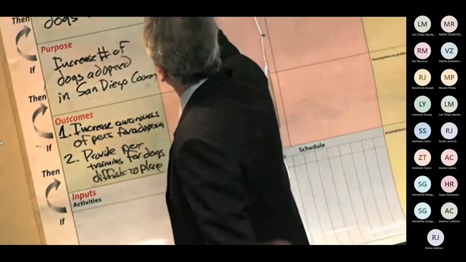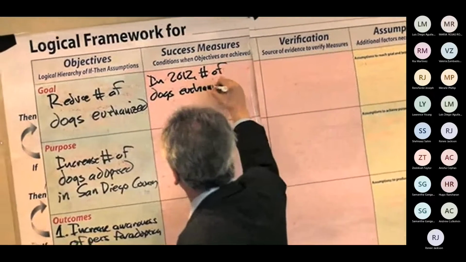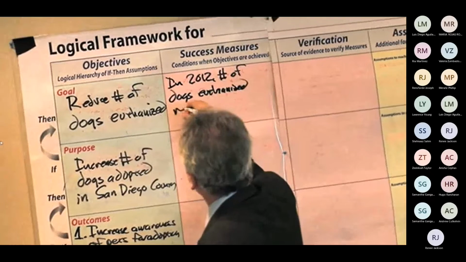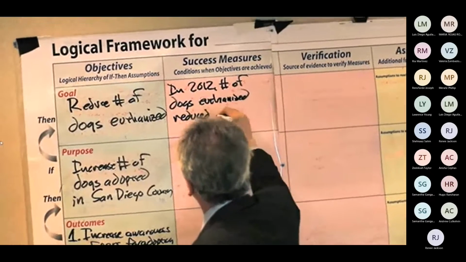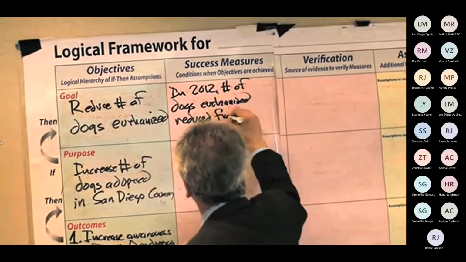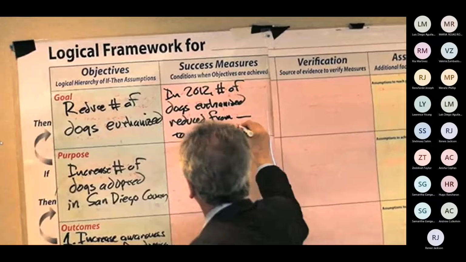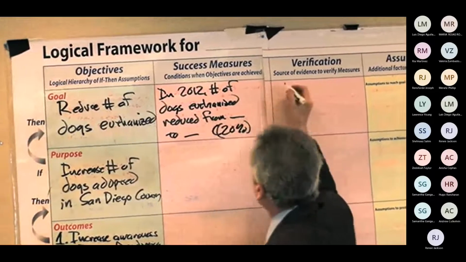So let me structure a measure here that in the year 2012, the number of dogs euthanized is reduced by 20%. Okay, what, by a percent or reduced from X to Y or 20%.